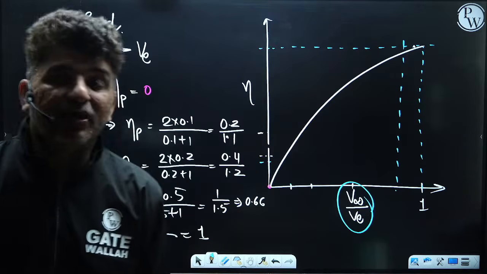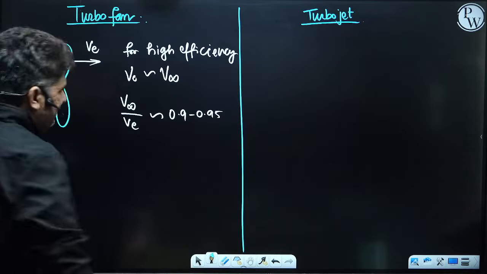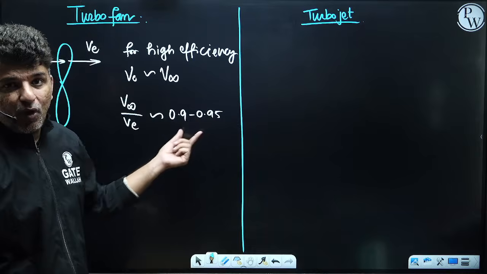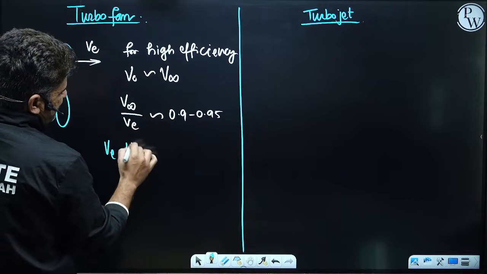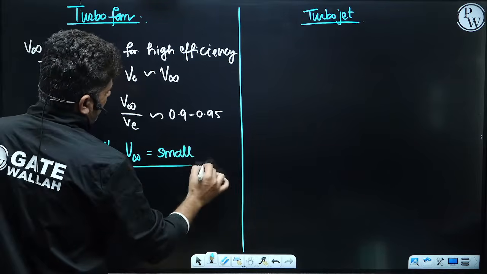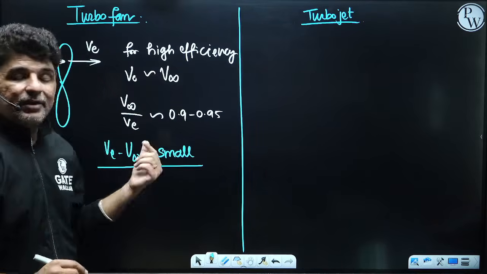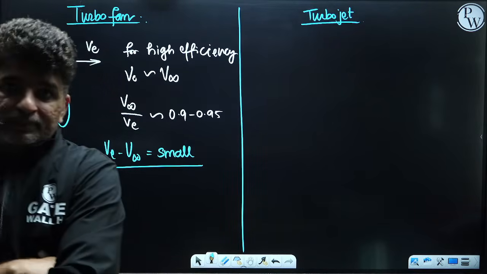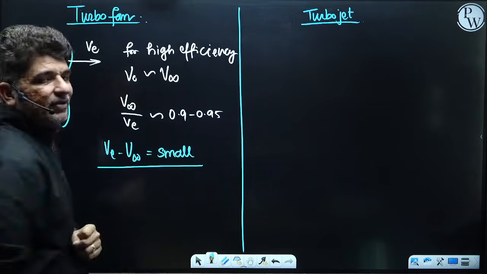Why this region? Because the propulsive efficiency will be very high in this range. So if you want this to be very high, then V exit minus V infinity should be small. But what is the problem with V exit minus V infinity being small?